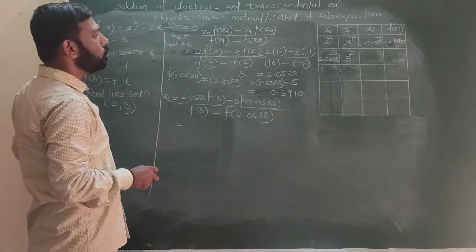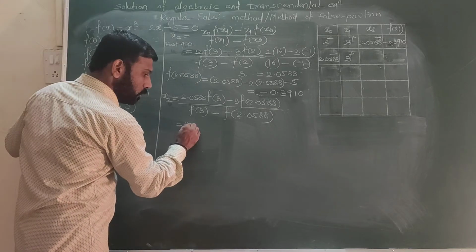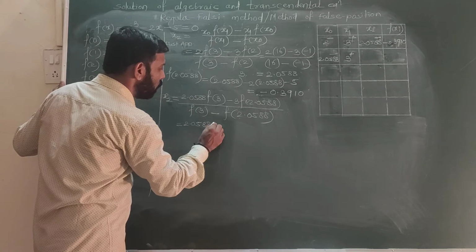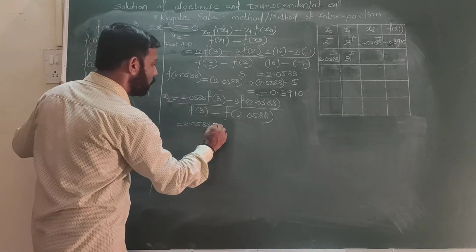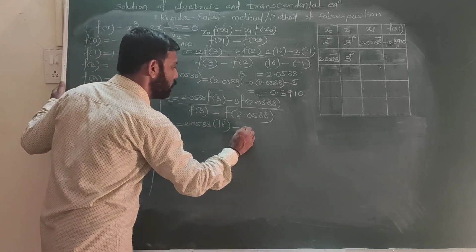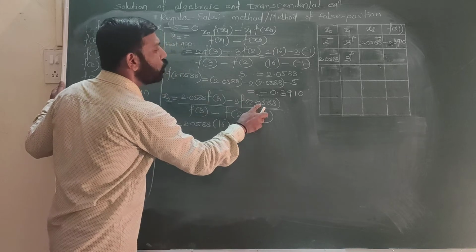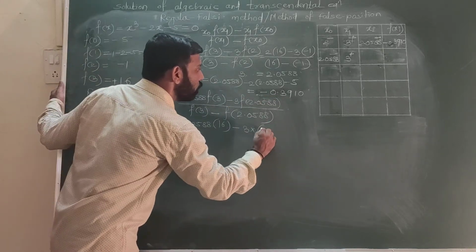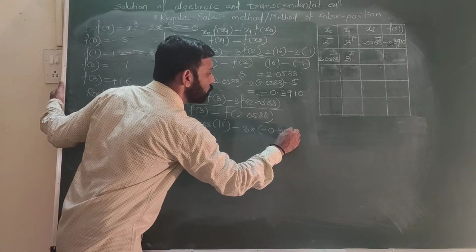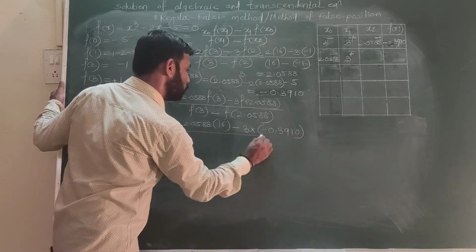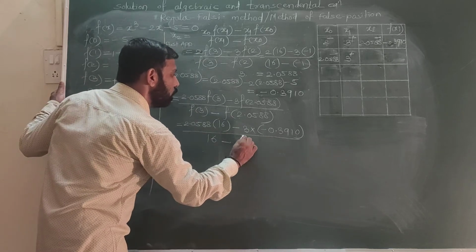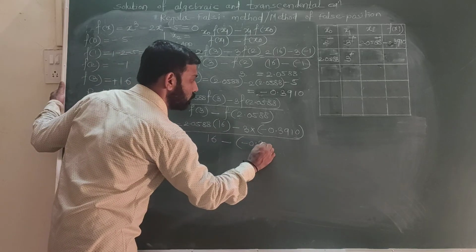Calculate these values: 2.0588, f of 3 we already have, that value is 16, minus 3 times f of 2.0588, which we previously calculated and directly put here, upon these two bracket values in the denominator with the minus sign.